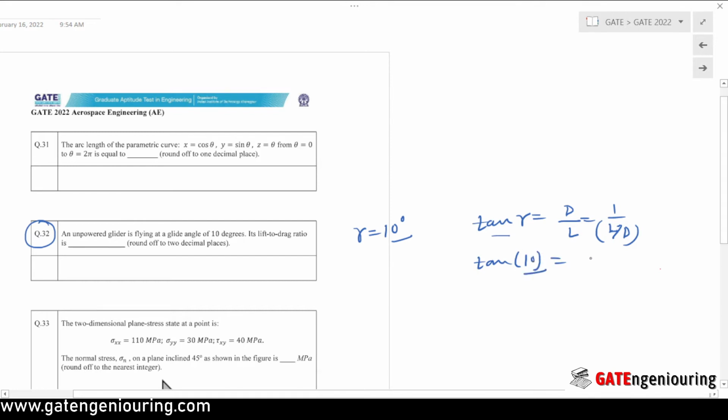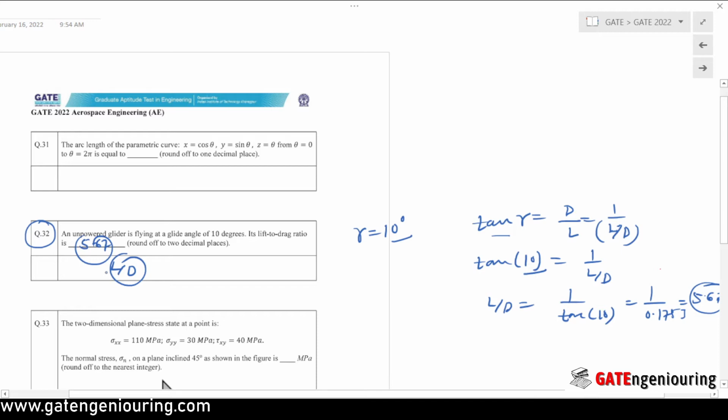So L by D is 1 upon tan of 10, which is 0.1763, something like that. If you solve it, you will get the answer as 5.67. So 5.67 is the correct answer for the lift to drag ratio.